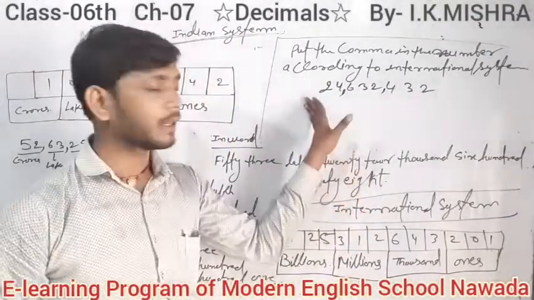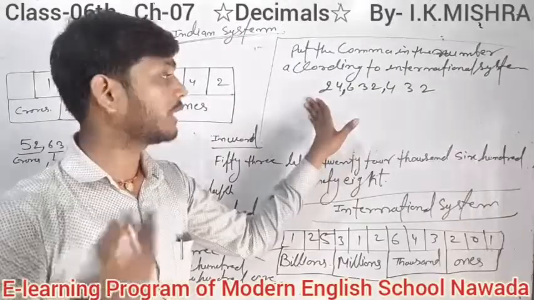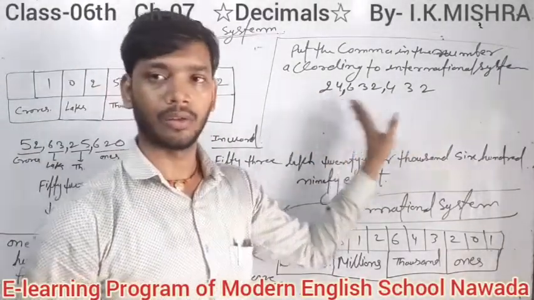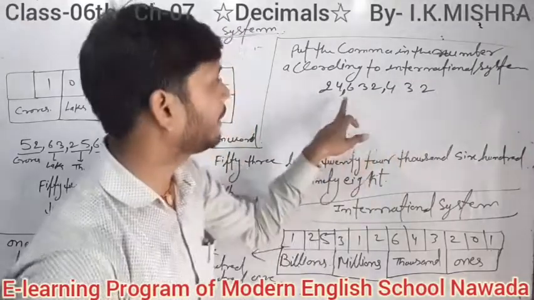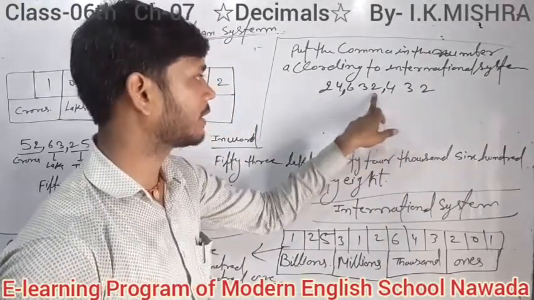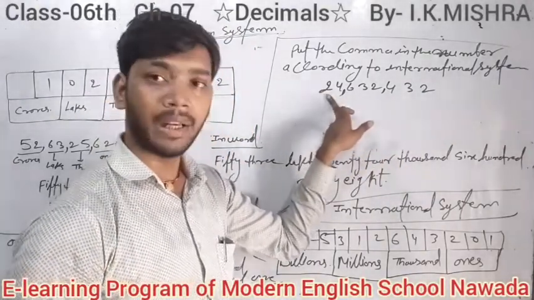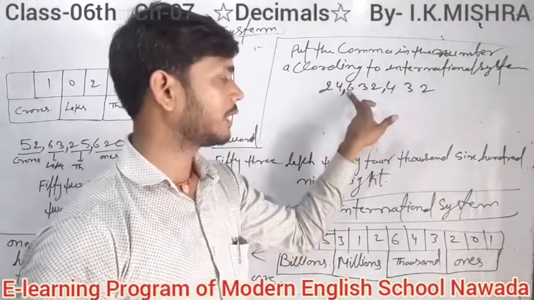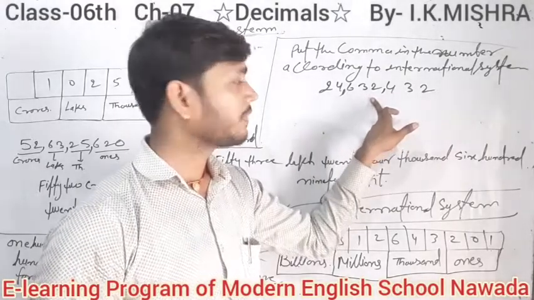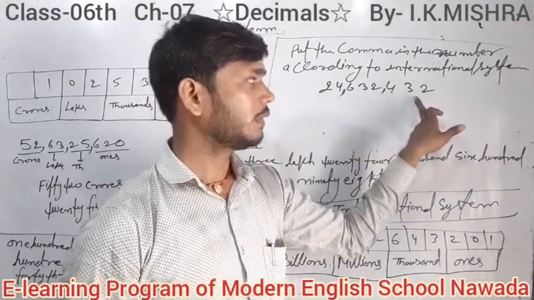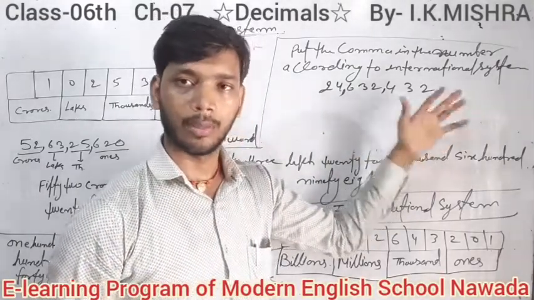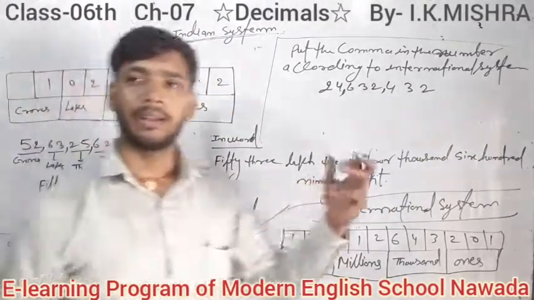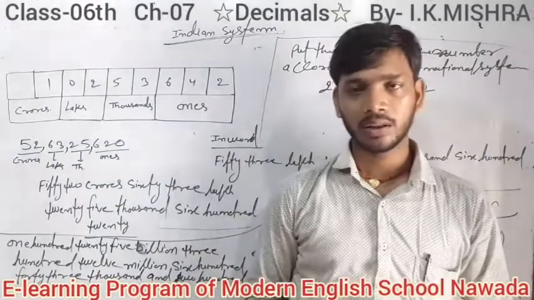When you have to write the name in words, it's the ones period, the thousands period, and this is the millions period. That means 24,632,432. Similarly, students, you can write any number's name in the Indian system and international system.